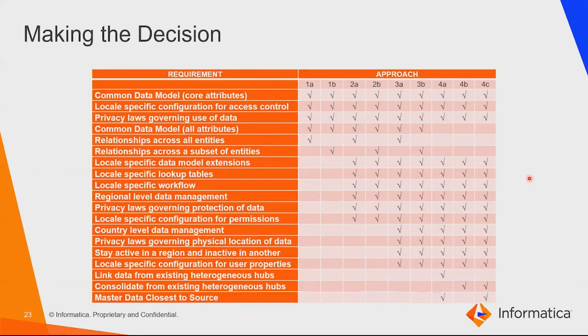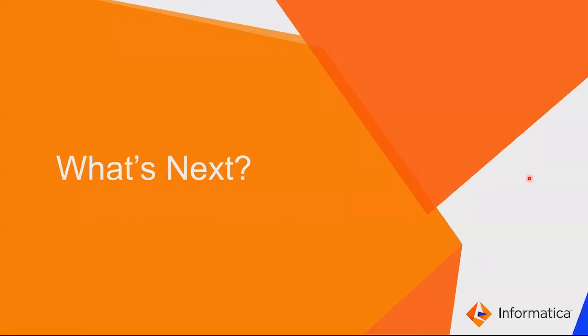So once you have made all these design decisions and created your architectures, then what's next, right? So we have discussed the different considerations that you make depending on different use cases and requirements.